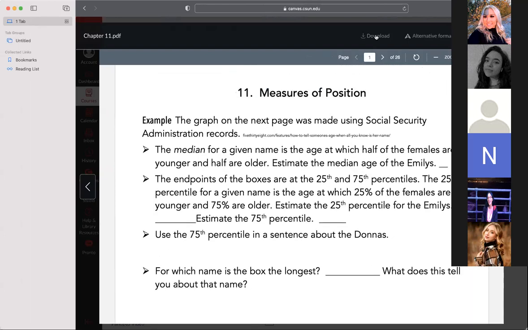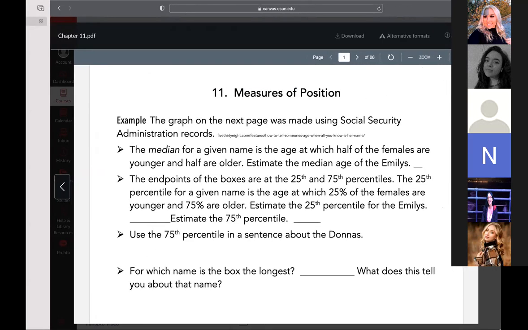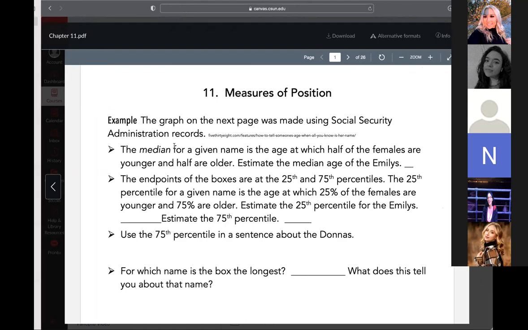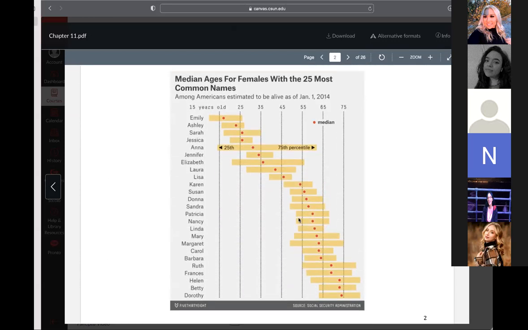So the graph on the next page was made using Social Security Administration records. The median for a given name is the age at which half of the females are younger and half are older. So let's look at the Emilys. The median age for Emilys is what, 17? Right, and here's 15, this first dotted line, here's 25, the second dotted line. Does 17 seem reasonable?